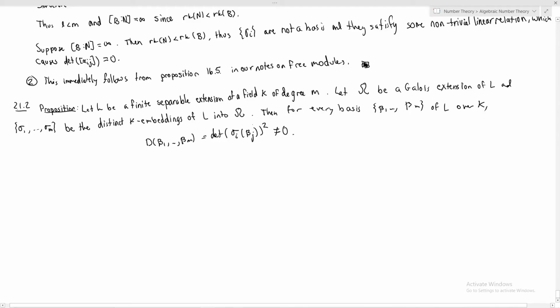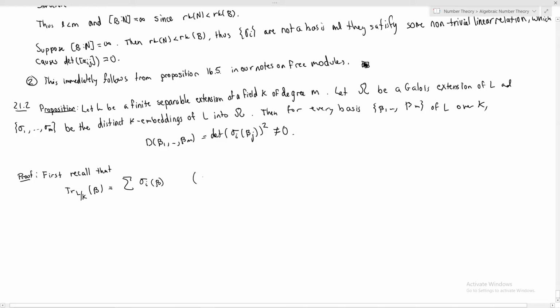So this is going to end up being very useful in the proof that rings of integers are finitely generated Z-modules. So first, we basically need to recall the following. First, recall that the trace over K of beta is the sum of sigma_i of beta.